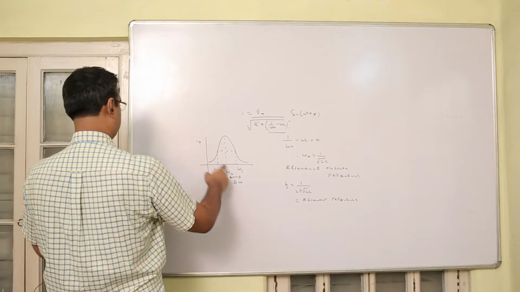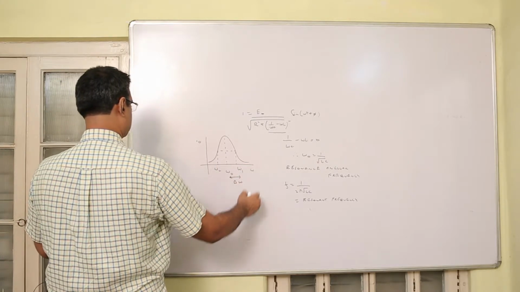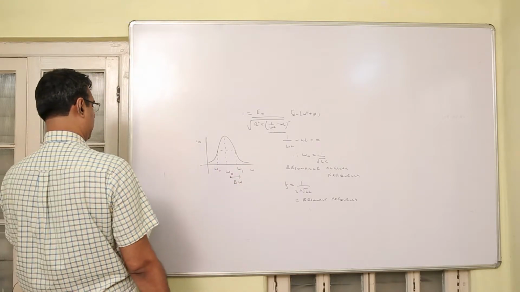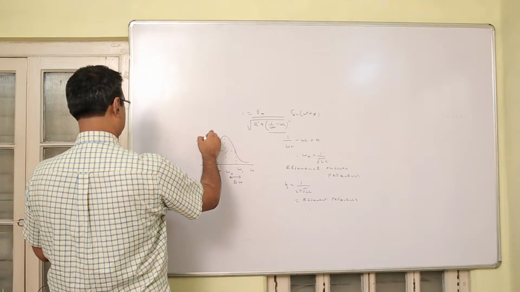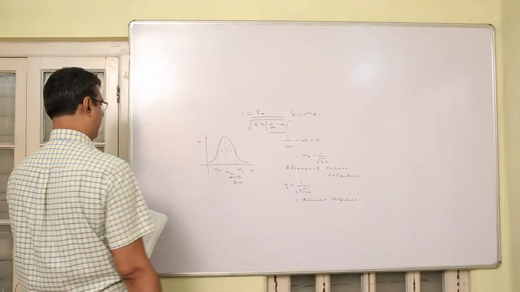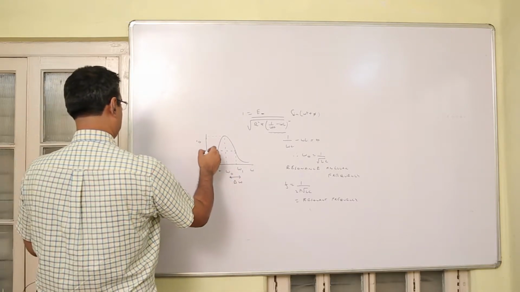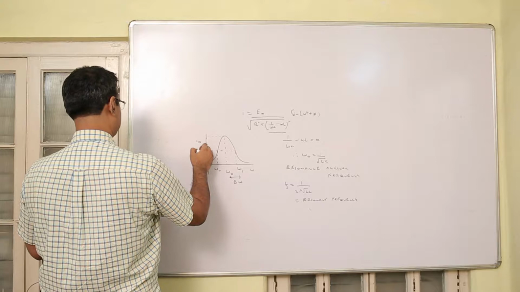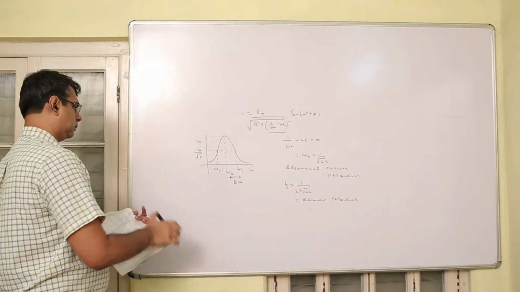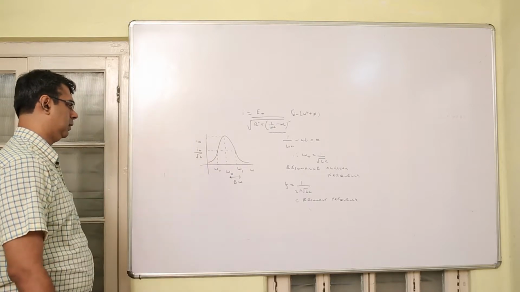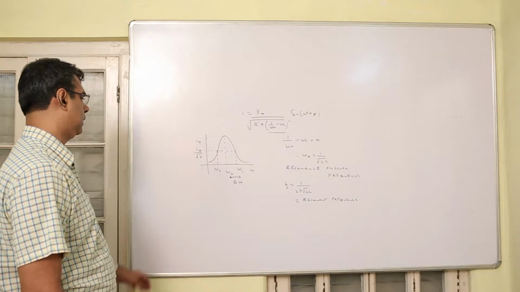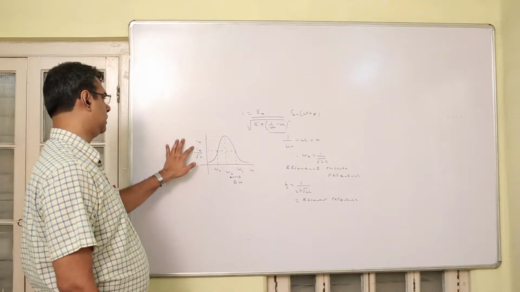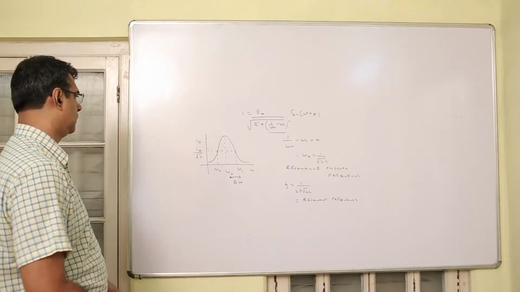So this is the graph of peak current versus angular frequency, and you can see that corresponding to omega naught, the peak current is maximum. Now let us consider the values of omega for which the peak current is I0 by root 2.